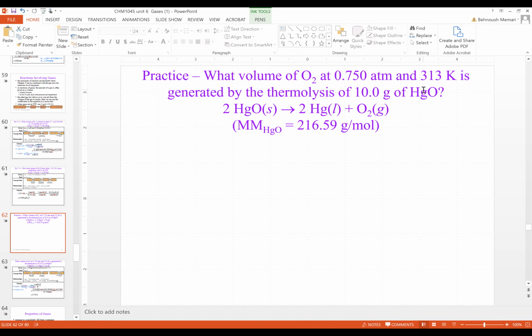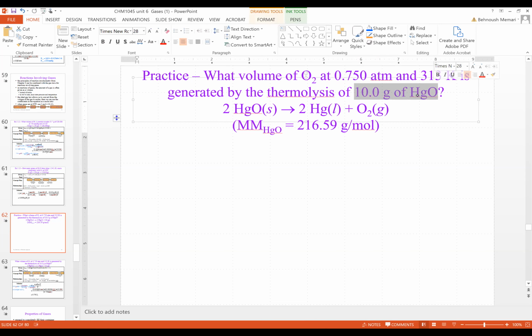So what you need is the moles of given. When you change the mass of given to moles of given by dividing by the molar mass, you have the moles of given. Then use the balanced equation to change to the moles of oxygen. So you basically divide by 2, because 2 moles of mercury oxide would give 1 mole of oxygen.